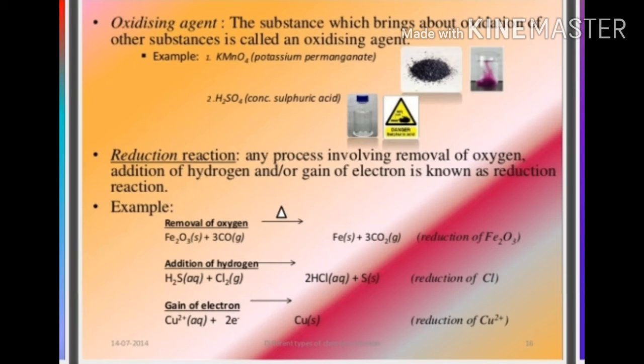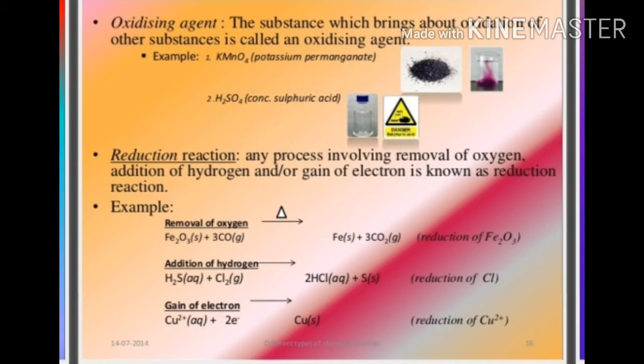An example of reduction reaction: Fe2O3, means iron oxide, when it reacts with carbon monoxide, then iron oxide loses oxygen and becomes solid iron and carbon dioxide is formed. In this reaction Fe2O3 loses oxygen, so the reduction of Fe2O3 takes place.